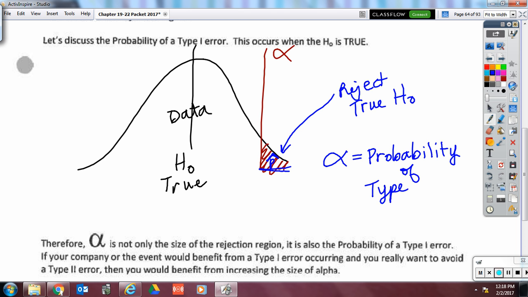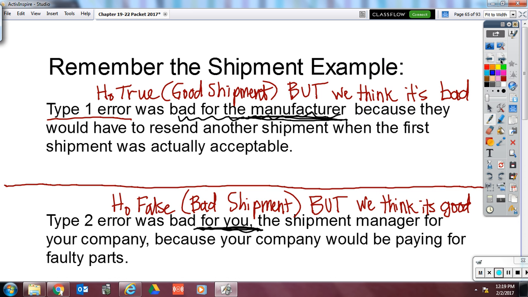If they make alpha 5%, then there's a 5% chance that you will make a type 1 error. If they say alpha is 0.1 or 0.01, whatever. So look at this guy right here. If the manufacturer is paying for this, what kind of alpha would he like?